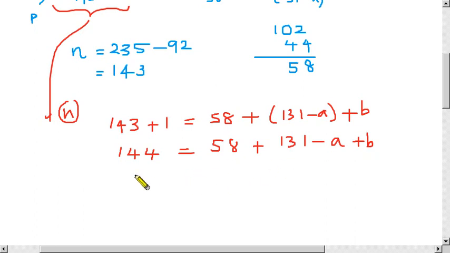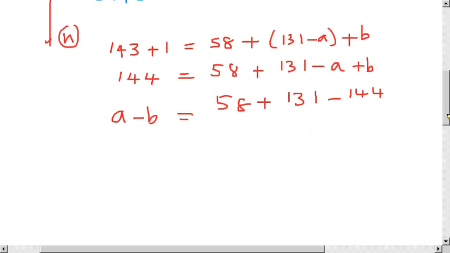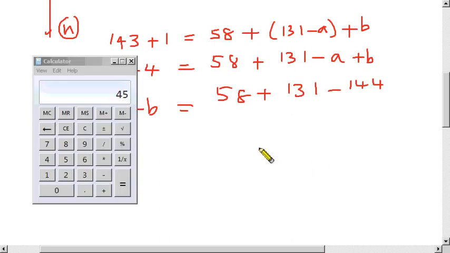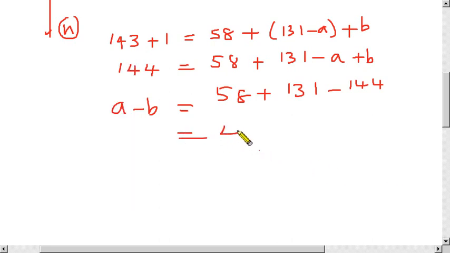So let us take a to the left side, because that is minus, so a minus b equals 58 plus 131 minus 144. When you simplify this, we get 45. a minus b is 45.